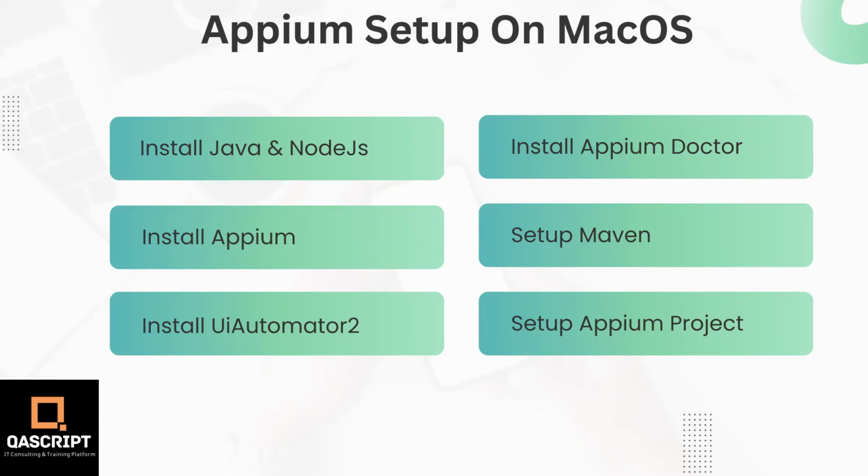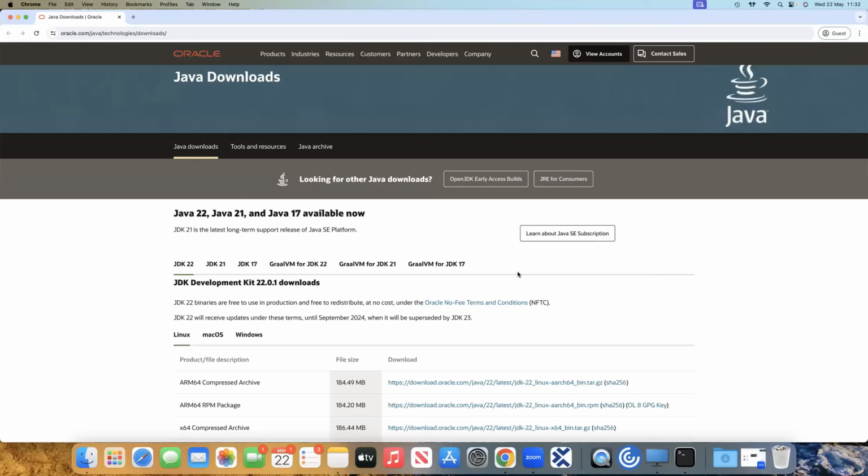We'll also look at how we can install Appium, the UiAutomator2 driver, the Appium Doctor, and then we'll also set up Maven, and we'll set up the Appium project again on IntelliJ IDEA. Some of the things I've already set up since these are pretty similar to how you do it on Windows, so I'm not going to repeat it again on Mac OS, but I'm going to show all of these setups which you can do right from the terminal or the command line instead of doing it from the UI. So let's get started with the setup.